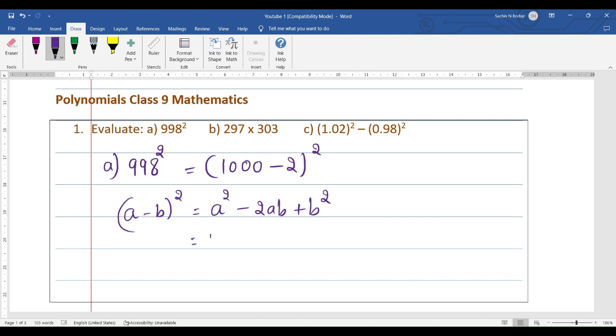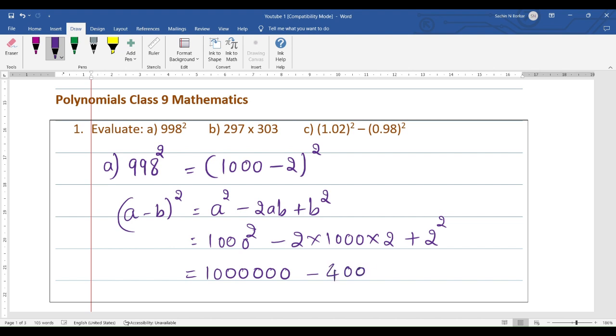So the answer goes 1000 square minus 2 into 1000 into 2 plus 2 square. 1000 square forms 1 followed by 6 zeros, minus 2 into 1000 into 2 is 4000, plus 4.